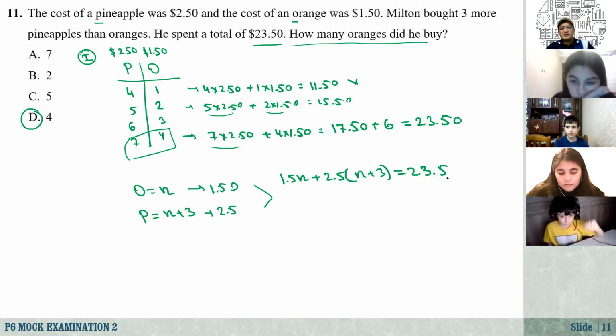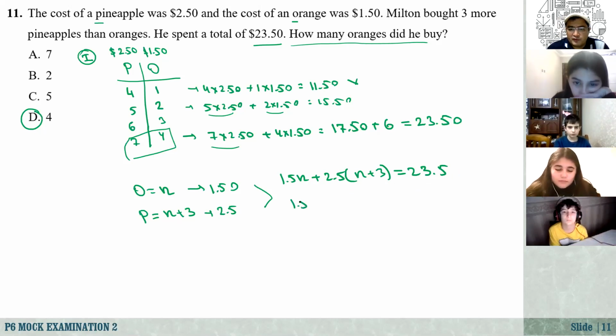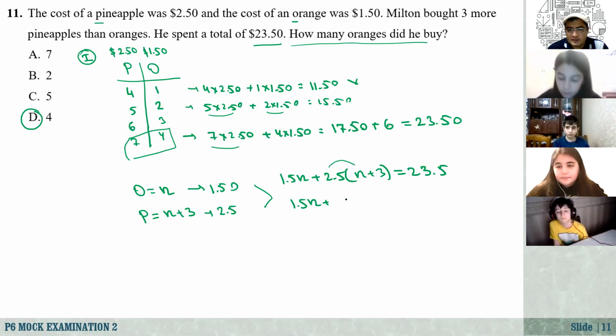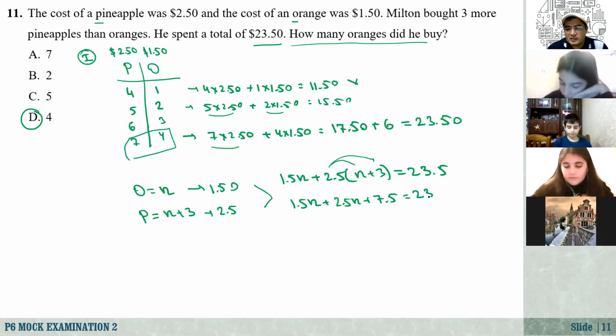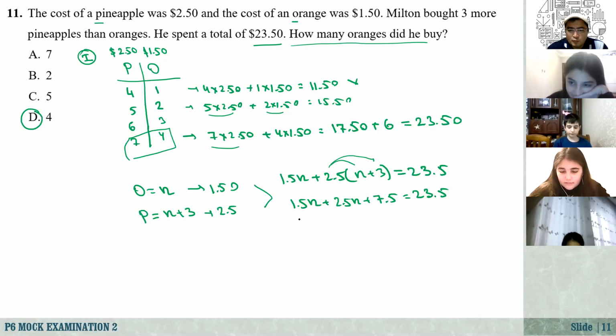The last zeros after the decimal point in the equation, you don't have to write. Now remove the bracket: 2.5n plus 2.5 times 3, which is 7.5. On the right-hand side, we have 23.5. What is 1.5n plus 2.5n? That is equal to 4n, right?